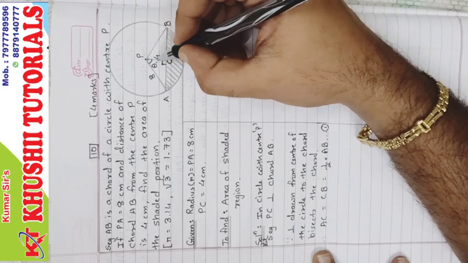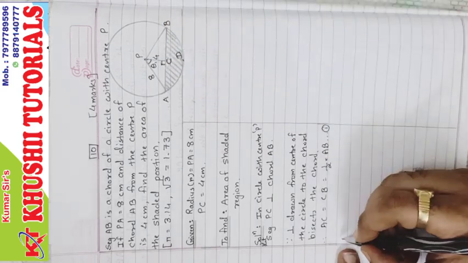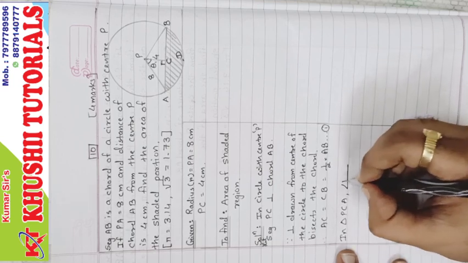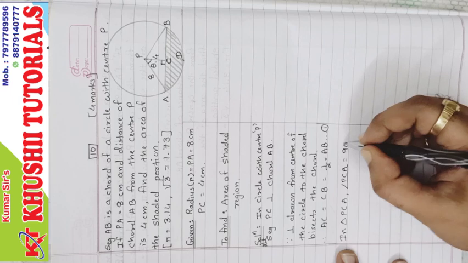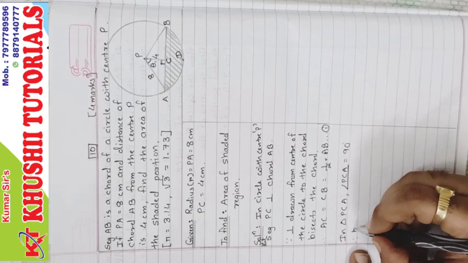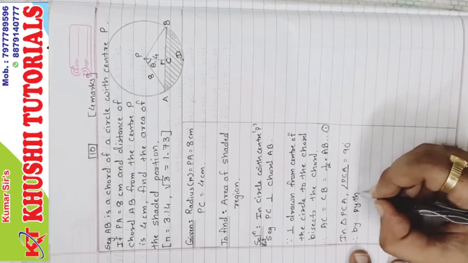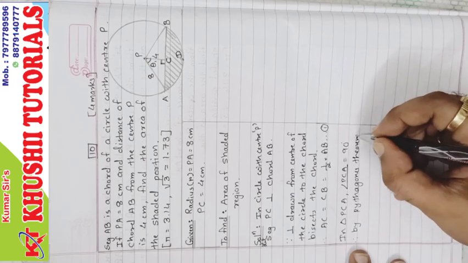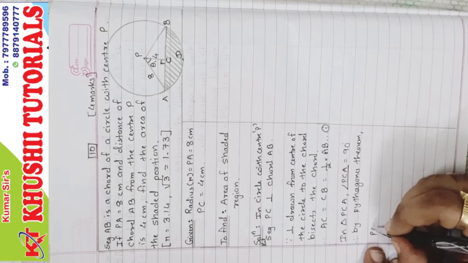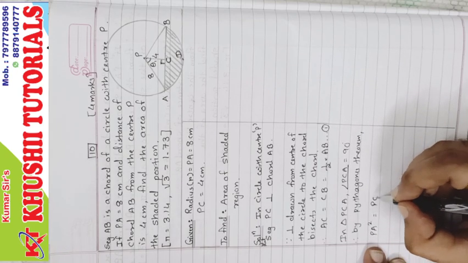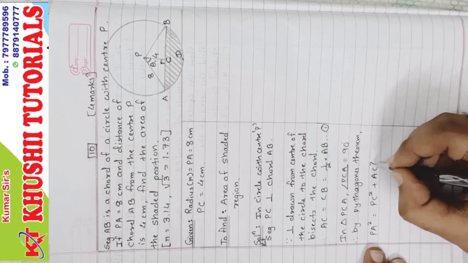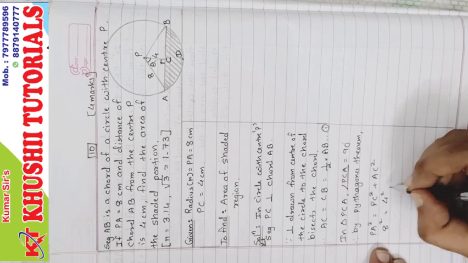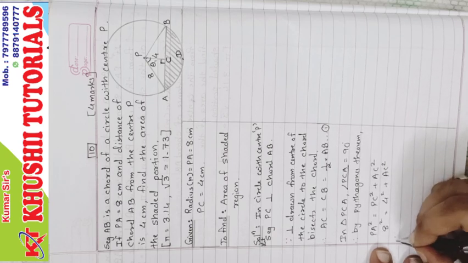Now in triangle PCA, angle PCA equal to 90 degree. Therefore by Pythagoras theorem, PA square equal to PC square plus AC square. PA we know 8 square, PC we know 4 square plus AC square.